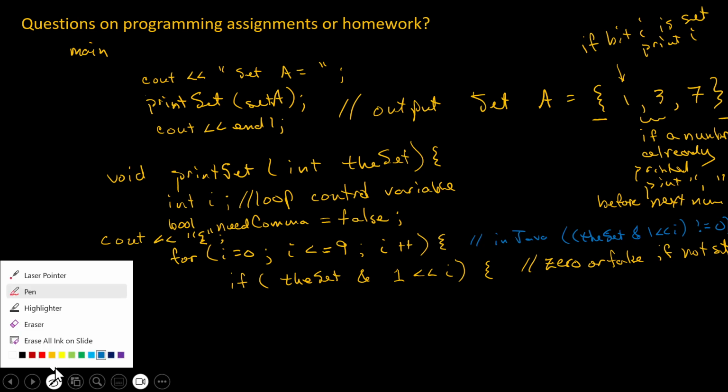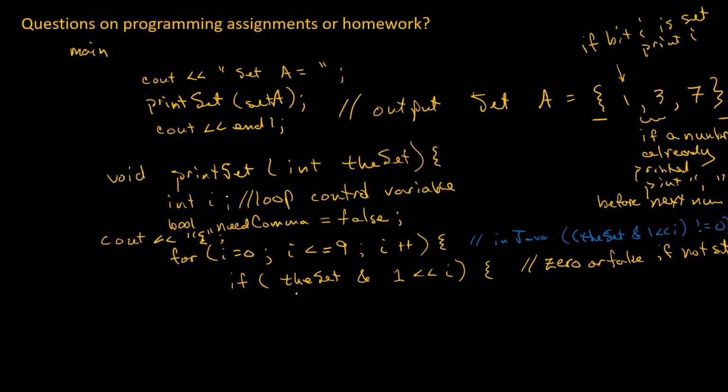But then inside here, all I have to do is, if need comma, then I'm going to print the comma, cout, a comma and a space, and all that is for pretty printing.